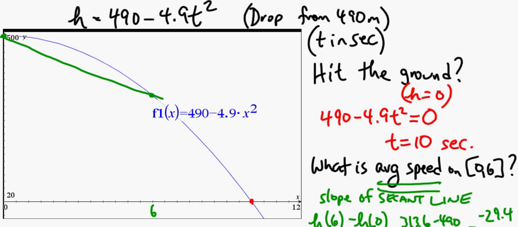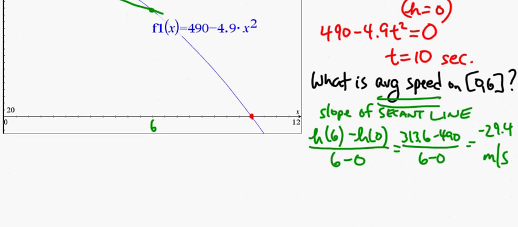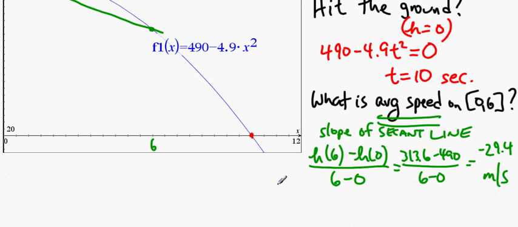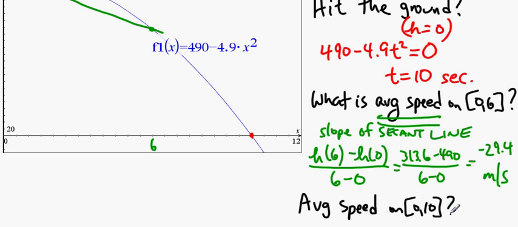Because we're heading down. So if you want to pause for a moment just to make sure that you have some sort of understanding, you could find the average speed over the first 10 seconds. You would do a process very similar to the one I just did.